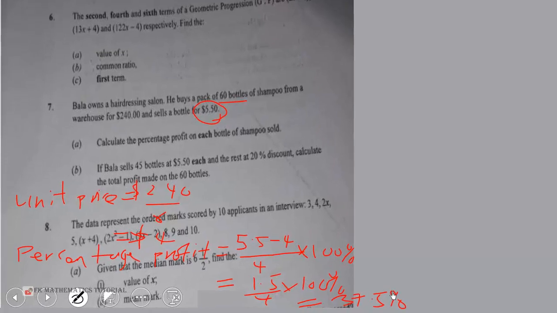So that will give you 1.5 over 4 times 100%, which is equal to 37.5%. So that is the percentage profit on each bottle of shampoo sold.